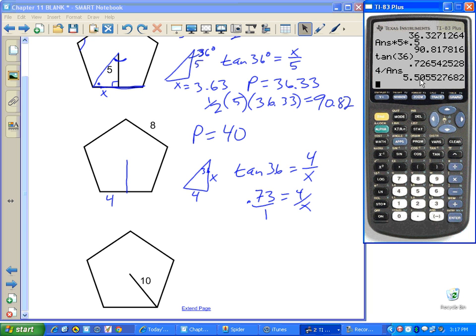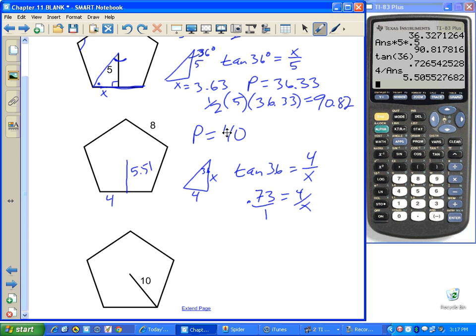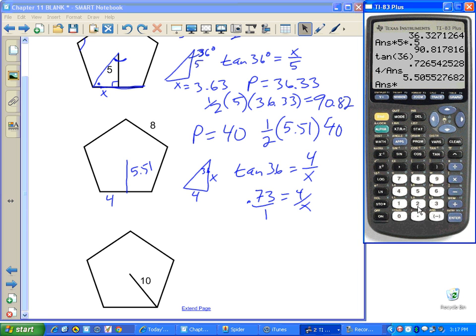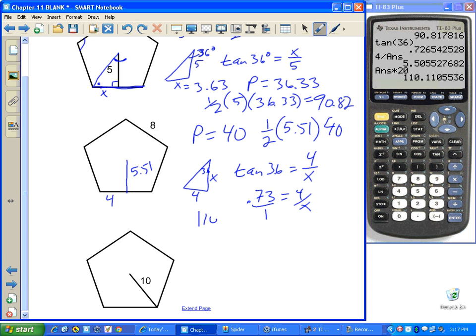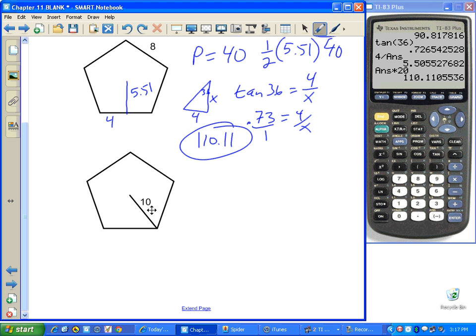So I get 5.51. So if I want the area, I'll take half my apothem times my perimeter. There's my area, 110.11. Okay, now these aren't going to be the same because they're not the same size pentagons.